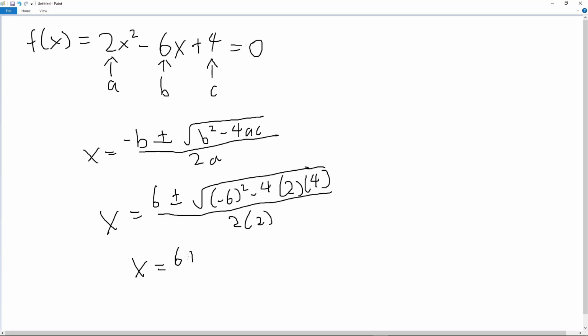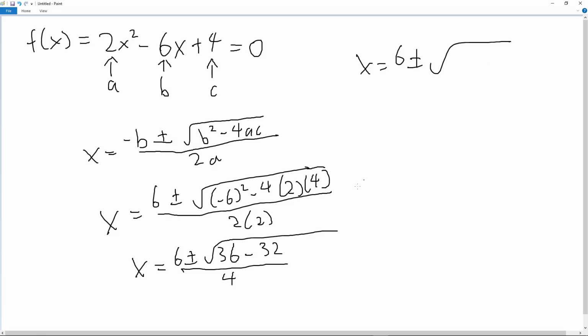So this will be 6 plus or minus the square root of 6 squared, which is 36, minus 4 times 2, which is 8, and 8 times 4 is 32, over 4. Then 6 plus or minus the square root of 36 minus 32, which is 4, and the square root of 4 is 2. So it's going to be a 2 here and a 4.